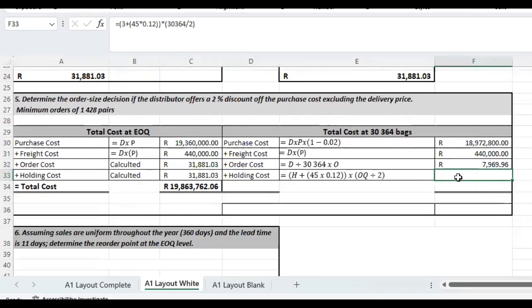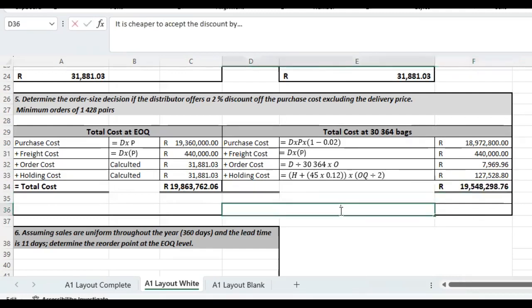And now we have a look at what it is. And it is 127,000, which is way more than it used to be. But what happens if we add it all up? It is still a little less. Well, I say a little less. It's a good 300,000 less.